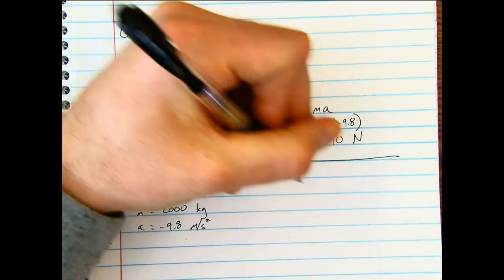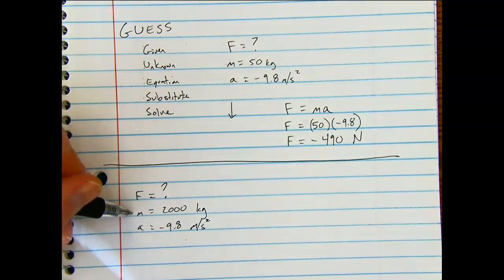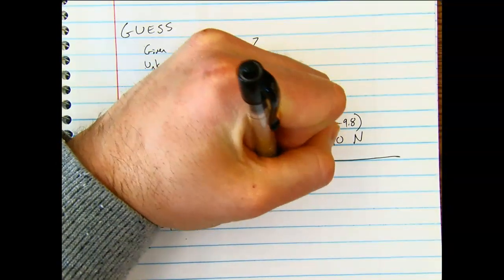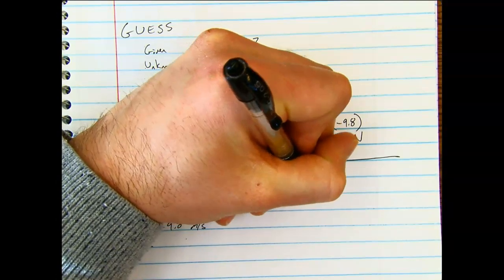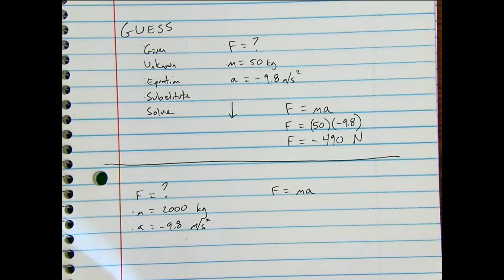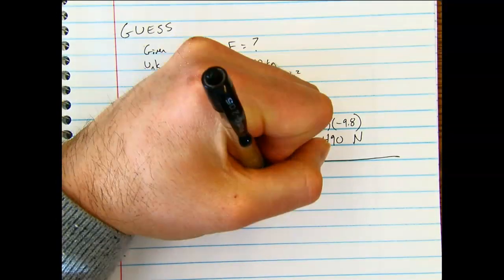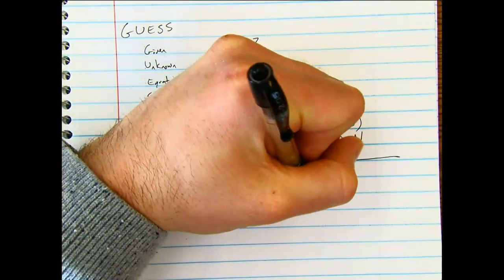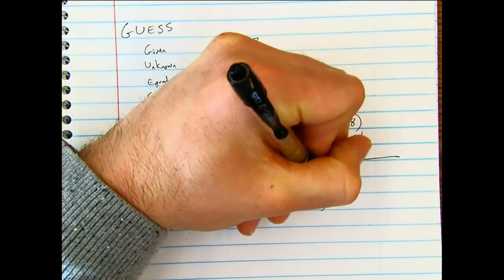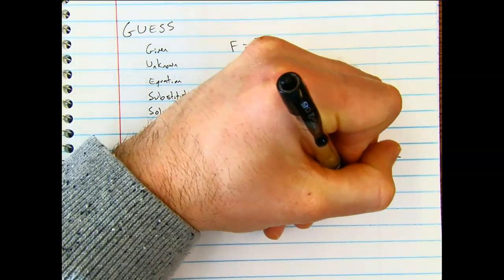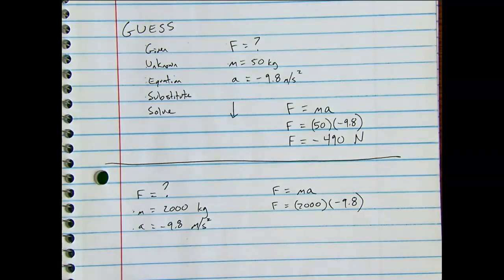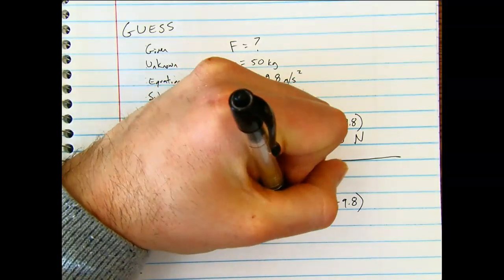So we have our givens, we have our unknown, now our equation. What's going to tie all these numbers together? F equals ma. We're going to substitute. So mass is 2,000, acceleration is negative 9.8. So we substituted our numbers in, and then we just solve.